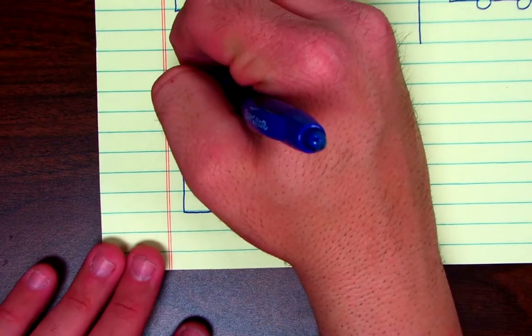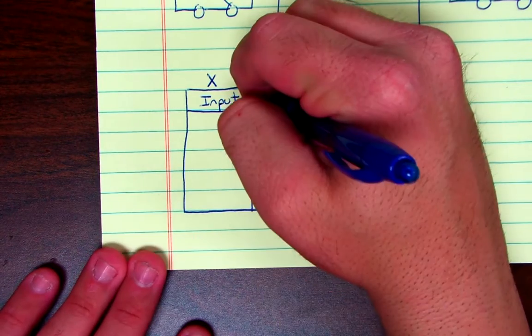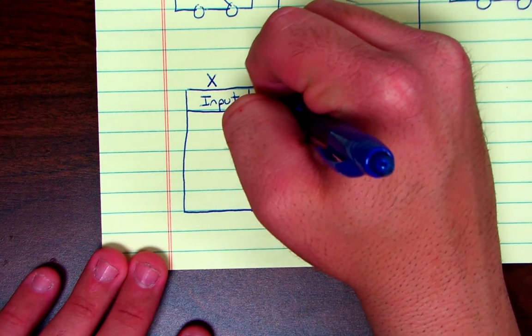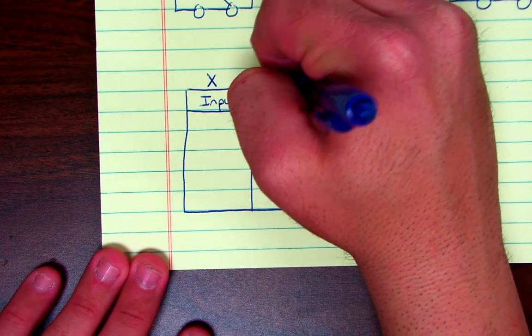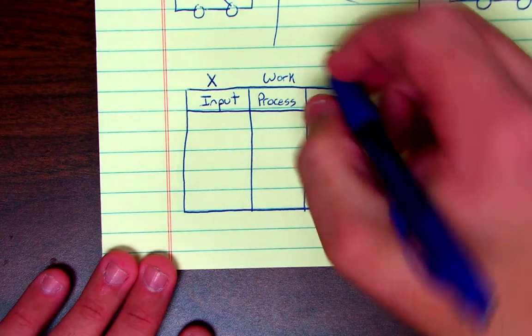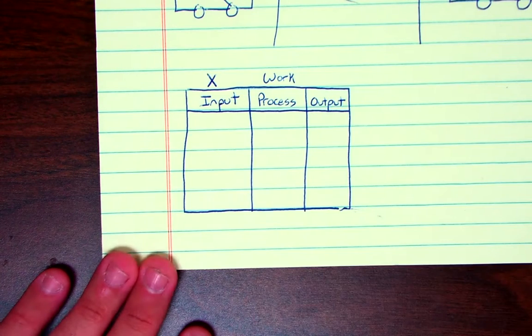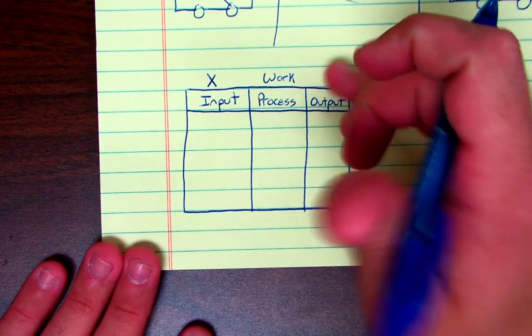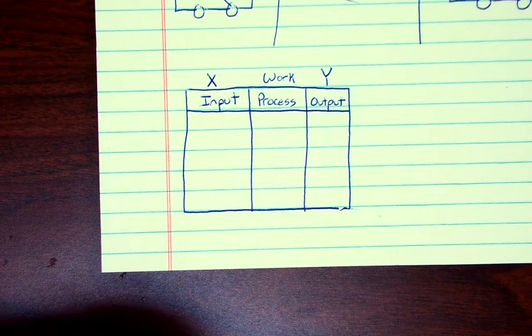Your input is always your X. Then you're going to have the process, but I also like calling it the work. It's the same thing. And then you're going to have your output. And that's going to be your result. That's your Y value.